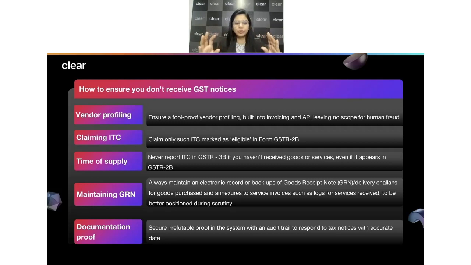This is again divided into two parts: ITC available and ITC not available. ITC not available I don't care about much, because you are not going to claim it, so I will put this information directly in Table 4D2. This is only for declaration purposes, and I am not claiming any ITC on that.